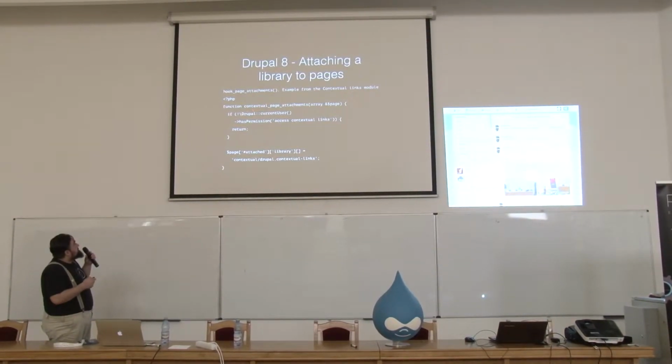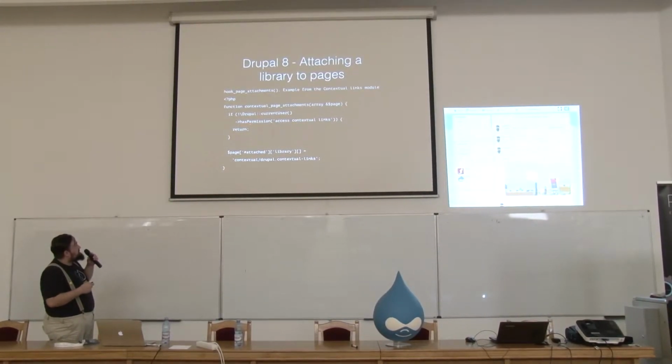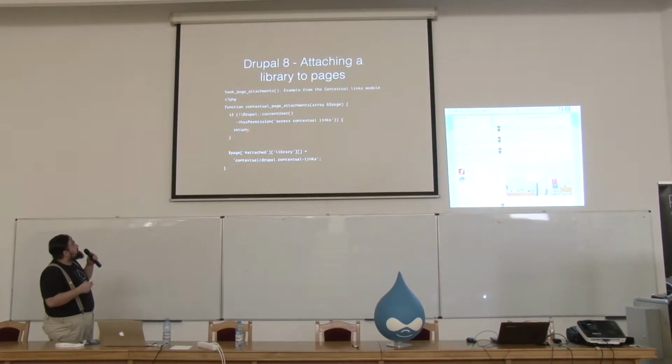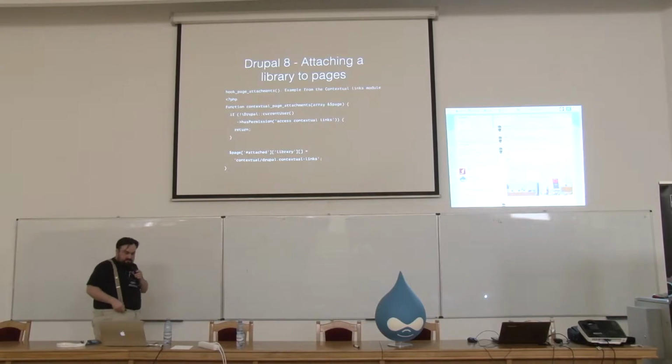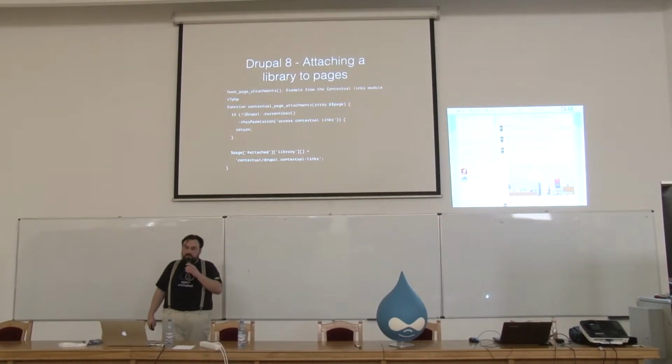In this case, if the current user doesn't have access to the contextual links, then it returns early, and the contextual links library will not be added to the page. If it has access, then this will execute and the contextual links library will be added to the page.